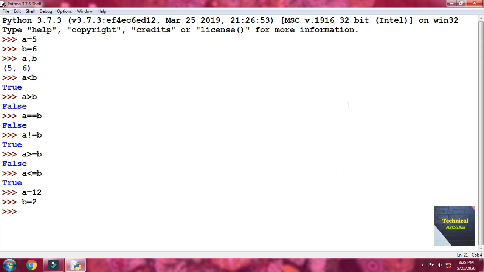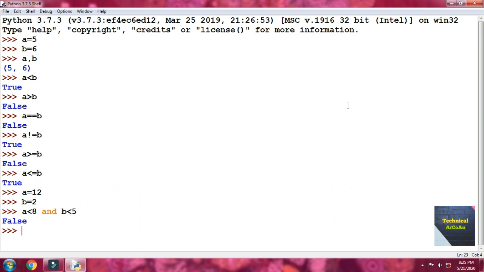If I write a less than 8 and b less than 5, it's false, because the value of a is 12, so 12 less than 8 is false, and 2 less than 5 is true. So when we are using the AND operator, both conditions should be true, then the whole condition will be true.